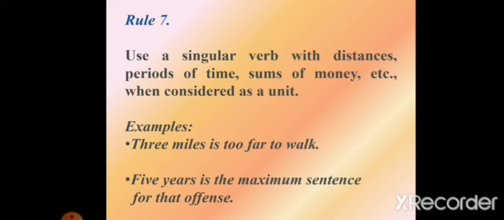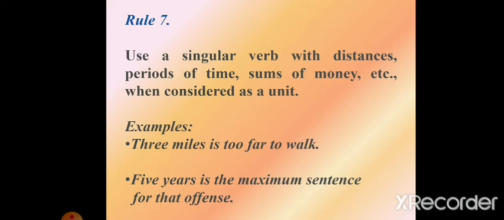For example, "3 miles is too far to walk." 3 miles is a distance, so you are using it as one unit. It means this long distance is taken as a singular unit, so you will definitely use the singular verb is.